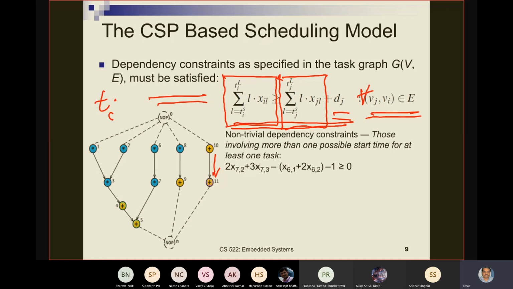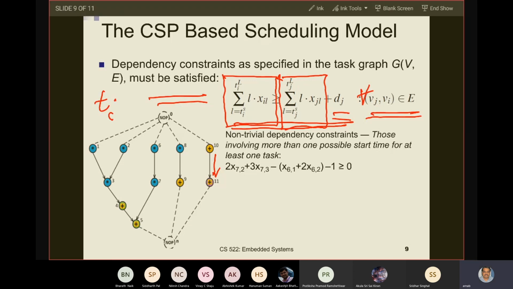And we are considering this edge from 6 to 7. We have written the constraint for this edge 6 to 7. Sum over l equals TSi to TLi of l times xil. Now, if this is the successor, so here our successor is 7.